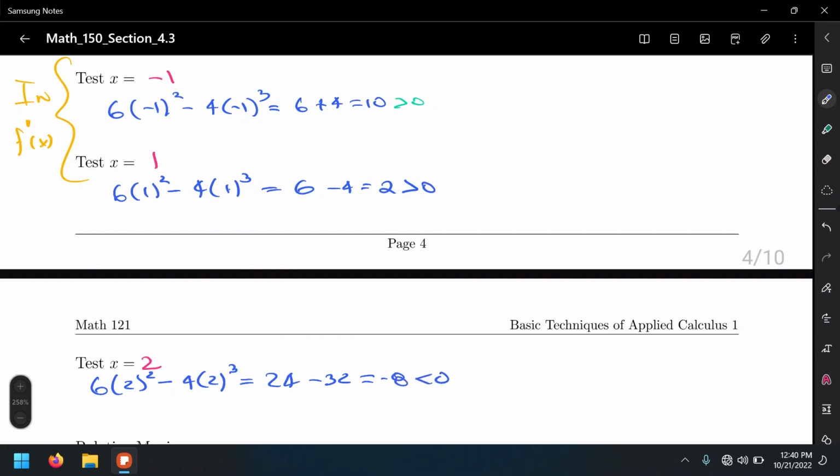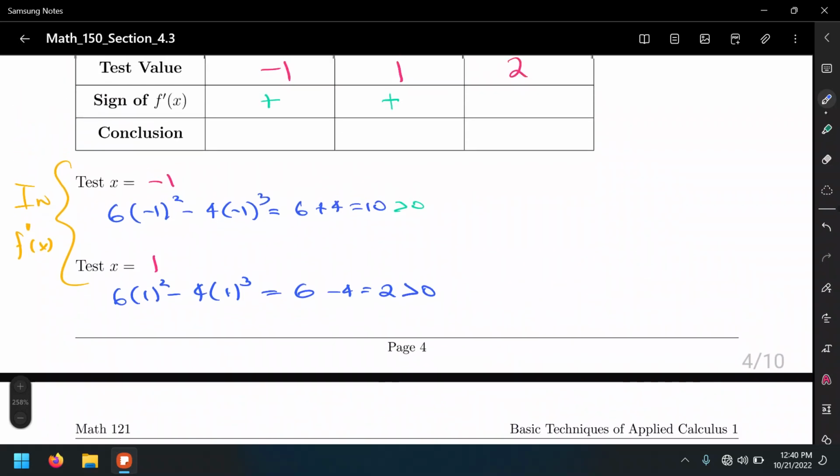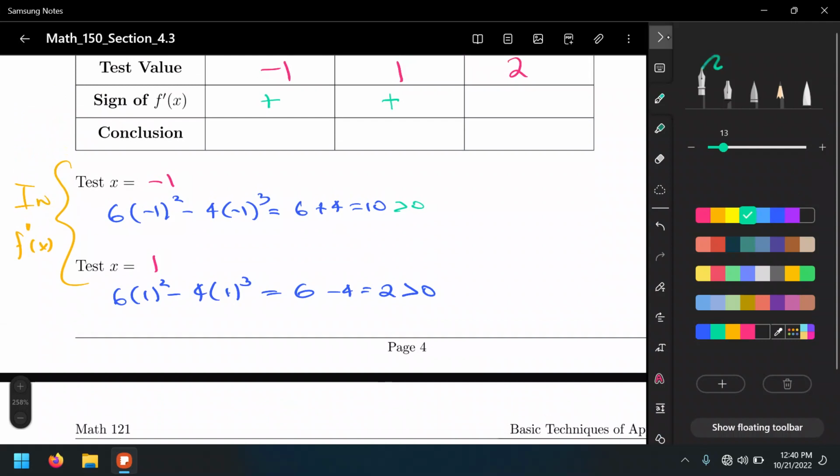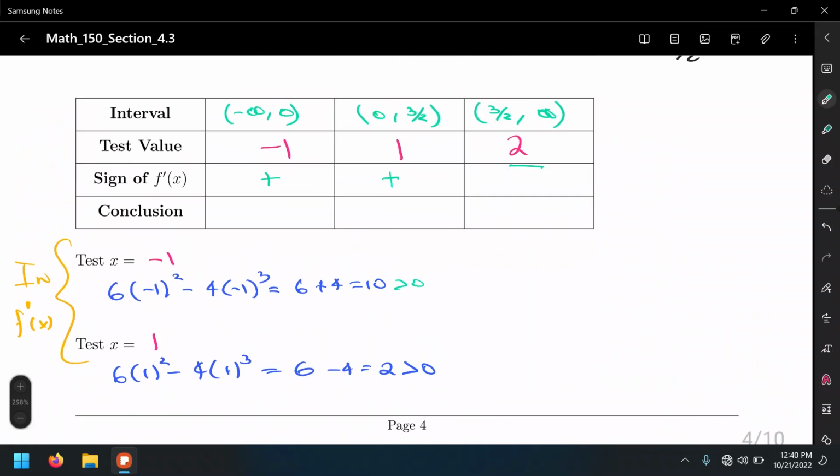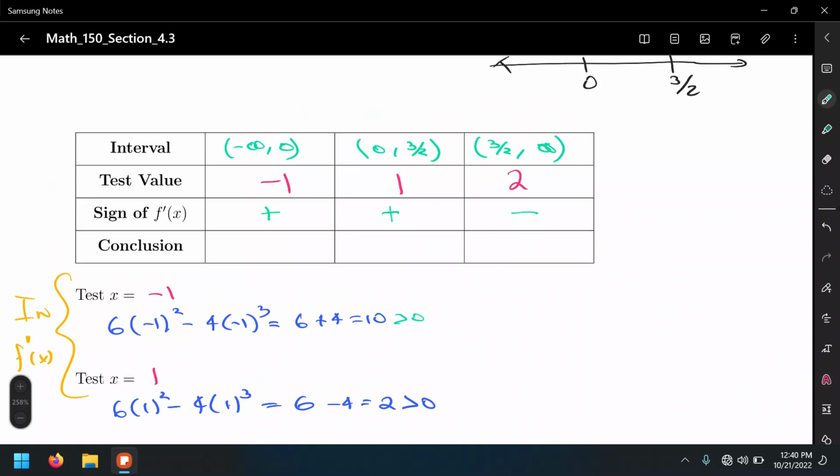Which in this case is a number less than 0, which means the derivative is negative.